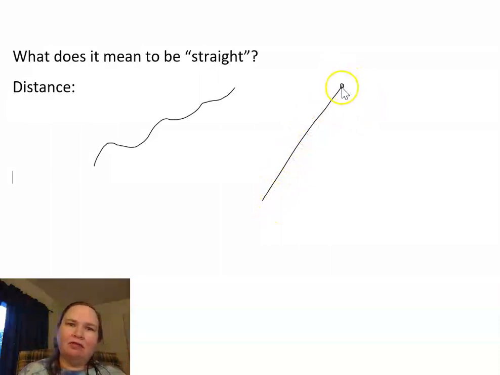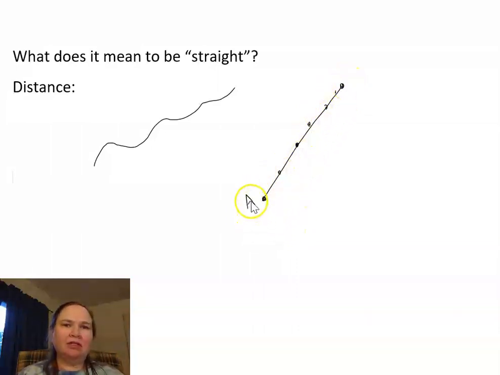So if I have an endpoint here and an endpoint here, then if I go by a straight path, then all of the points on that straight path are on the shortest path.